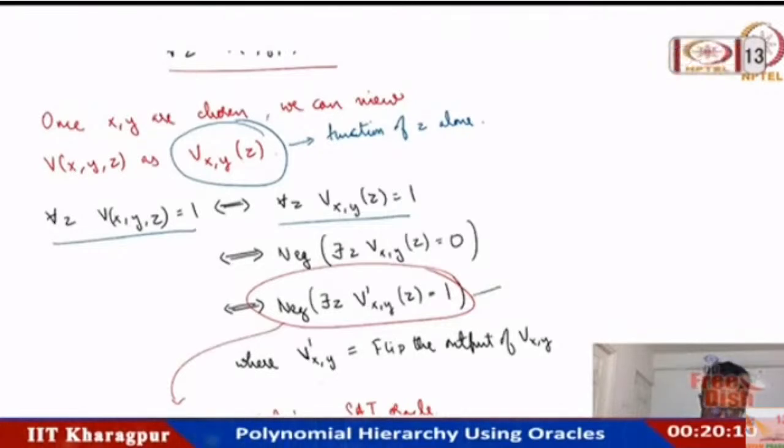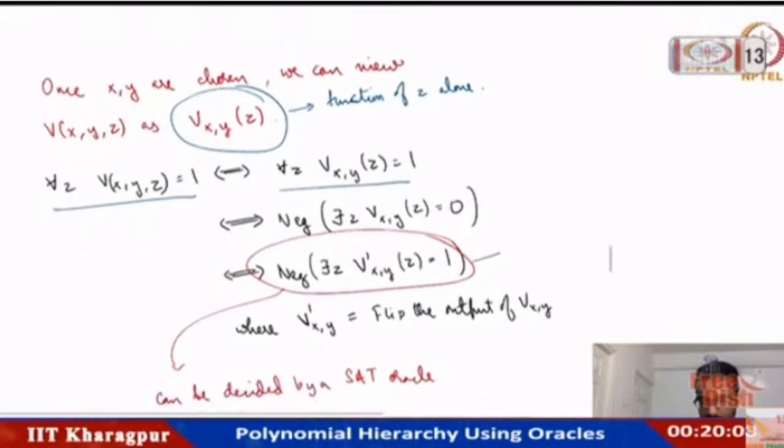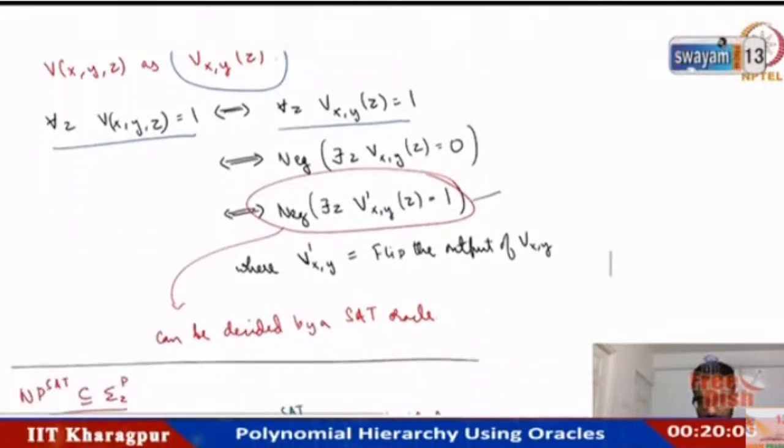So we want the negation of this. Is the opposite of this true is what we want to know. But does there exist a z such that V prime xy of z is equal to 1? It's just a satisfiability query. You have a verifier which can be viewed as a formula also. The entire verifier is an algorithm which, like in the Cook-Levin theorem, you can view as a formula, and you are asking whether there is a z that satisfies it.